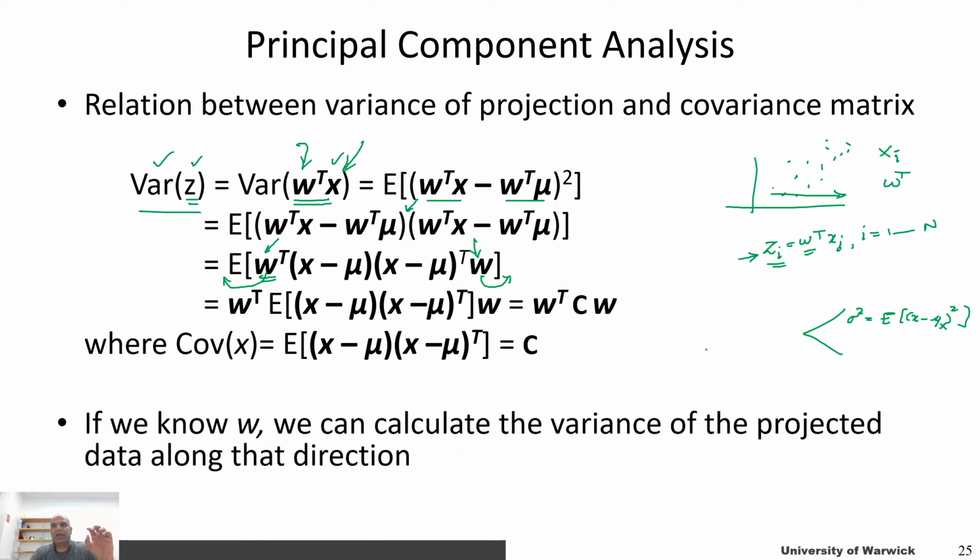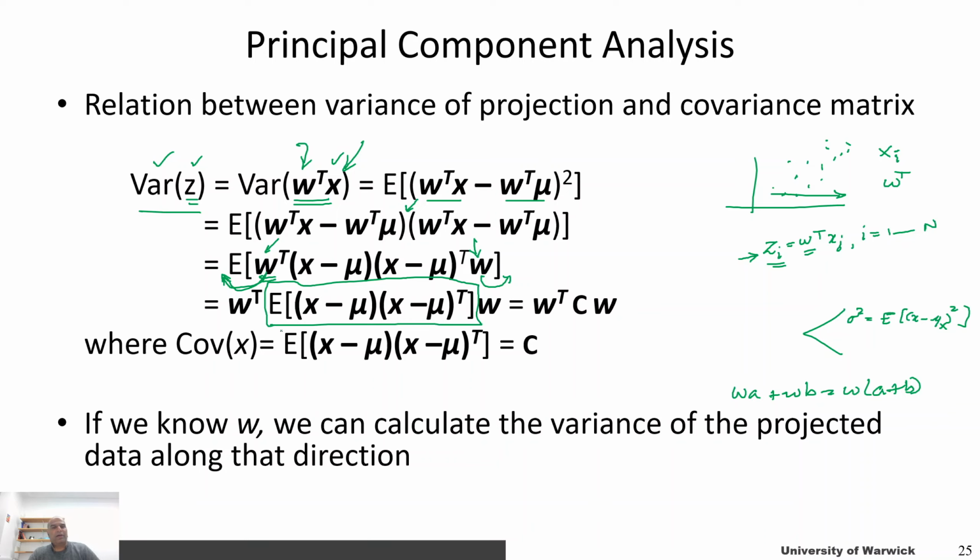Okay, so if we had WA plus WB, you would be able to write it like W times A plus B, right? So this is the exact same thing that we've done over here. We'll be moving W transpose out over here, and we'll be moving W over here, and then we'll move the expectation in, which would come out to be this thing.